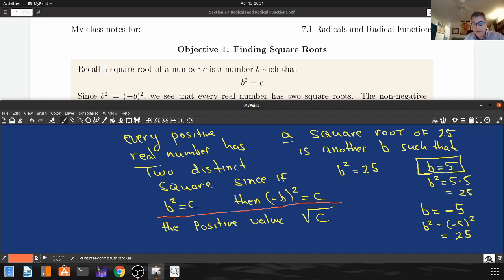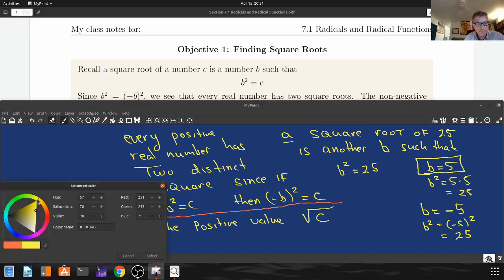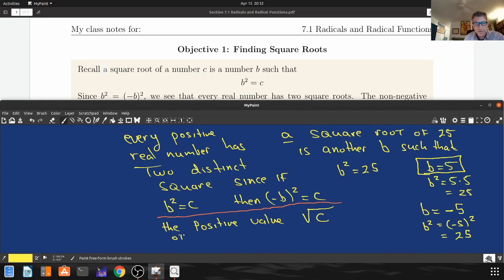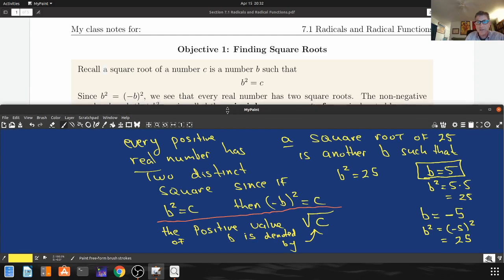So the positive value of b is denoted by this. So in other words, the square root of c always refers to the positive root. And to denote the negative root, we just put a negative sign there.